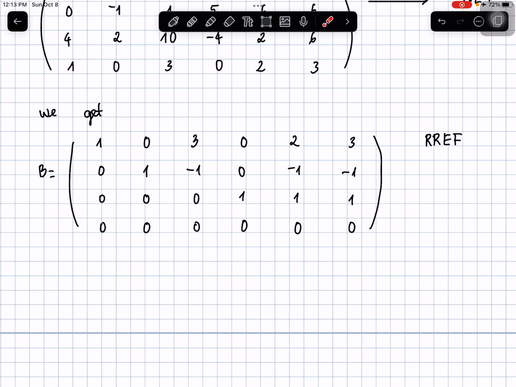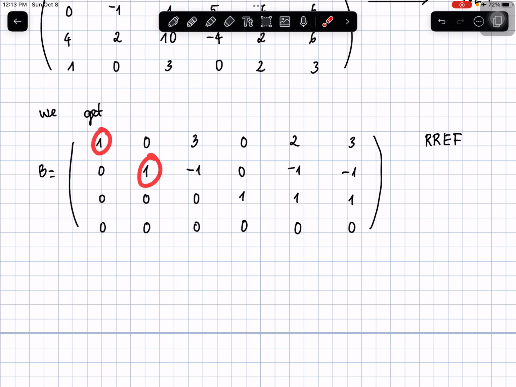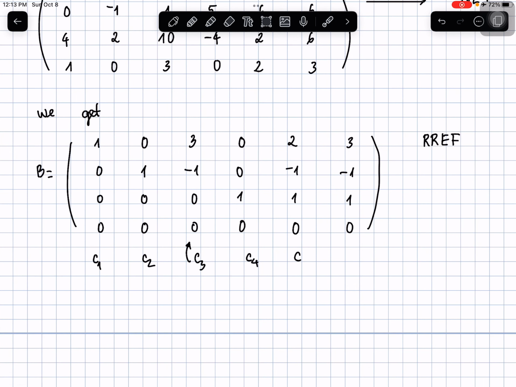So we have a leading one in columns 1, 2, and 4, right? Column 1, column 2, column 3, column 4, column 5, column 6, and columns 1, 2 and 4 have a leading one.